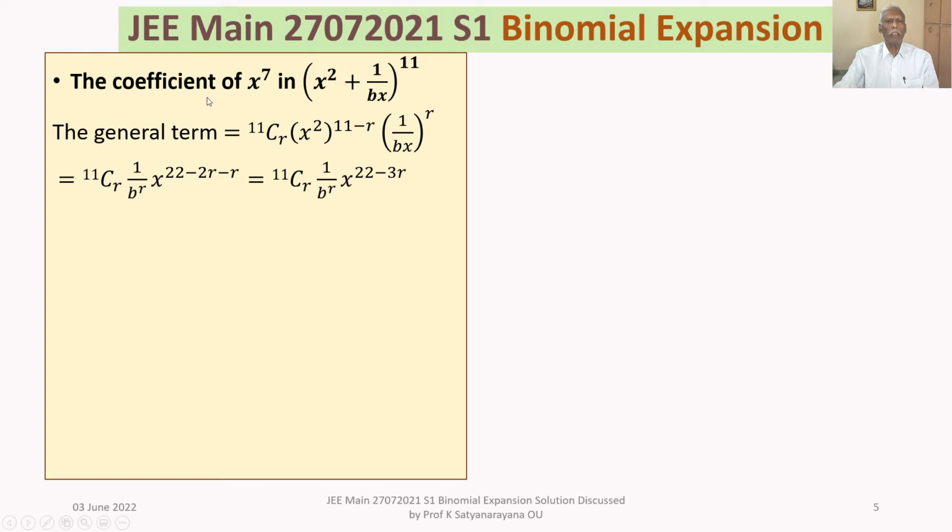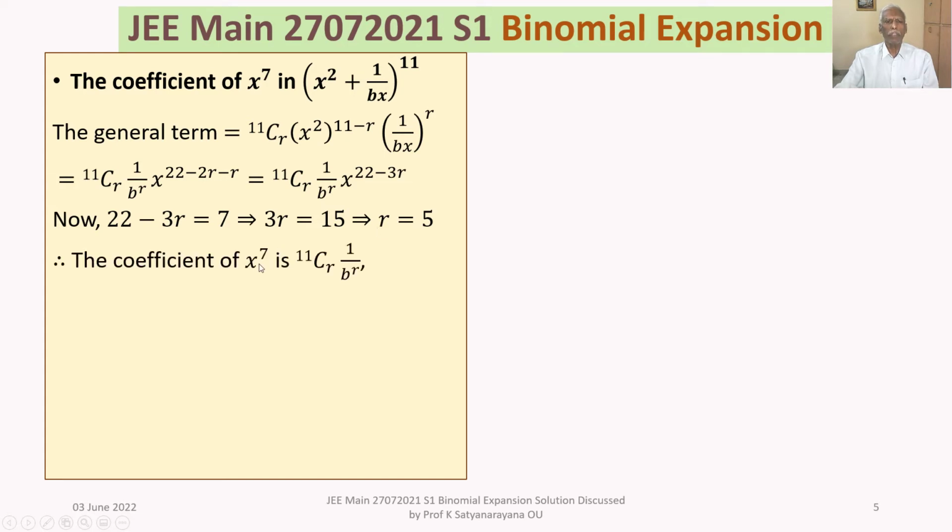And if we want the coefficient of x to the power of 7, the exponent of x, that is 22 minus 3r, must be equal to 7. That will imply 3r is equal to 15. That will give you r is equal to 5.